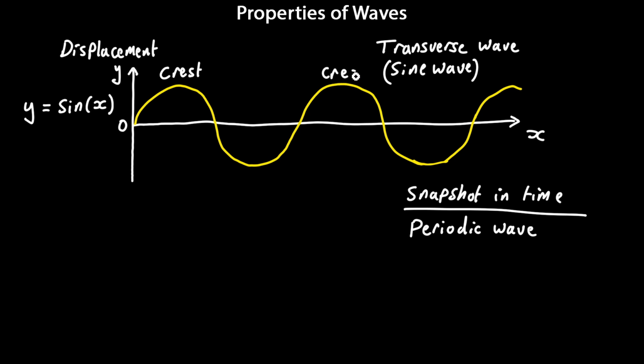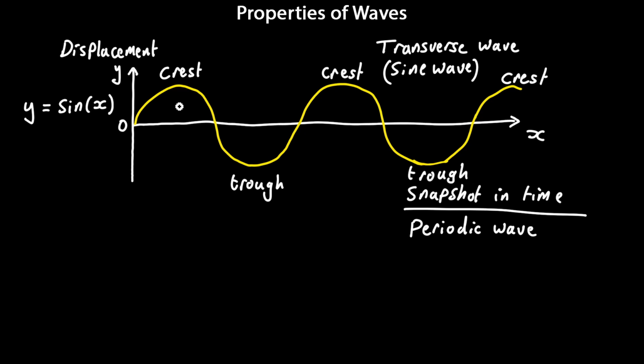We have the crest of a wave, and the crest is the highest point above the equilibrium position. And the equilibrium position lies on the x-axis, where the displacement is equal to 0. We also have the trough of a wave, which is the lowest point below the equilibrium position.